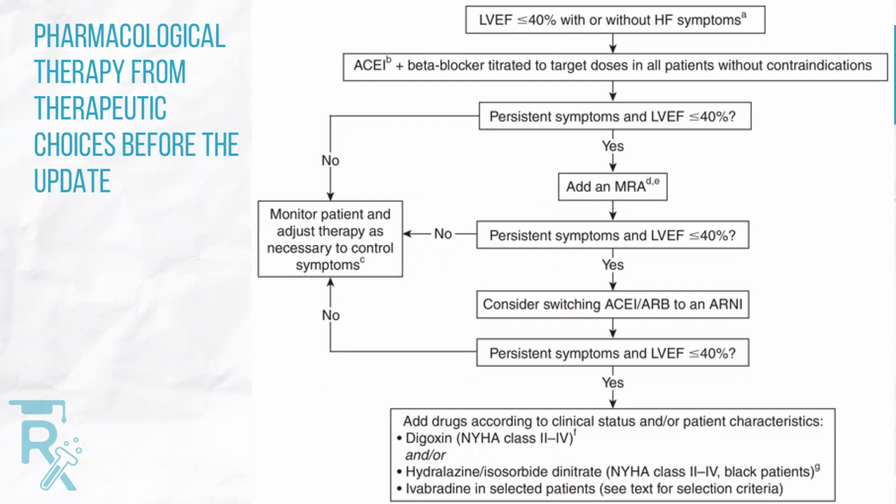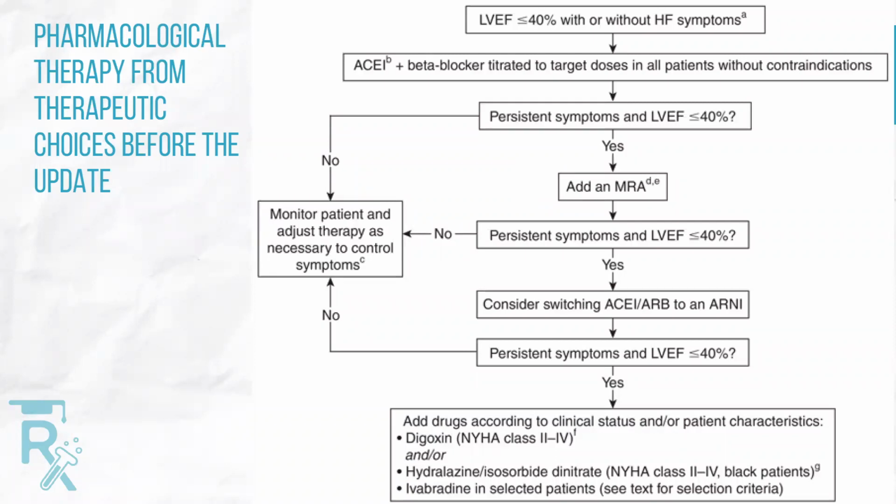Adjust the dose and monitor the patient. If the patient is not controlled, I will do something here. If the patient's heart rate is 70 or more, I will do two things: I will add the ivabradine and I will switch the ACE or ARB to ARNI.